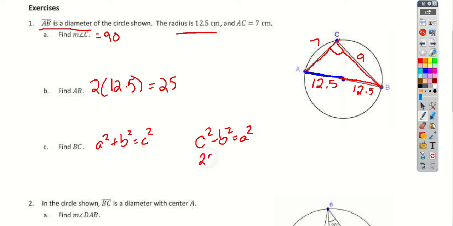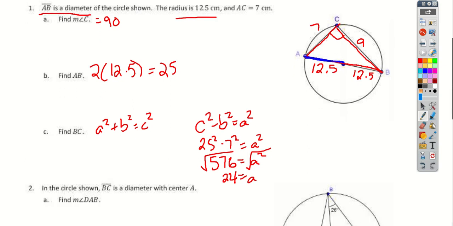So 25 squared minus 7 squared is equal to A squared. This is going to equal 576, I do believe. And then we're going to take the square root, and that should equal 24. Just double check. Yep.